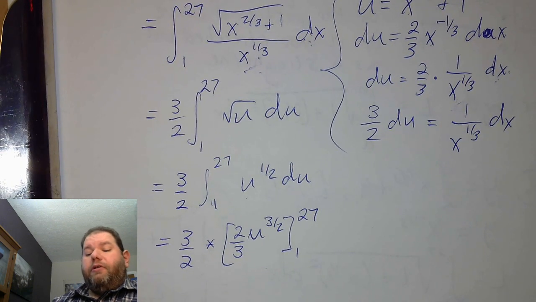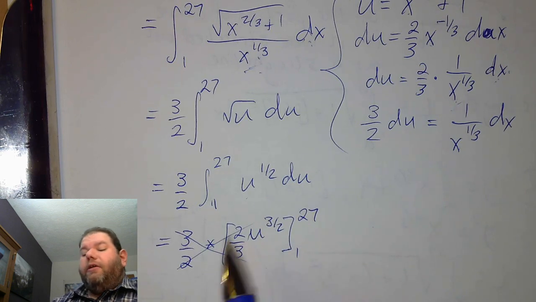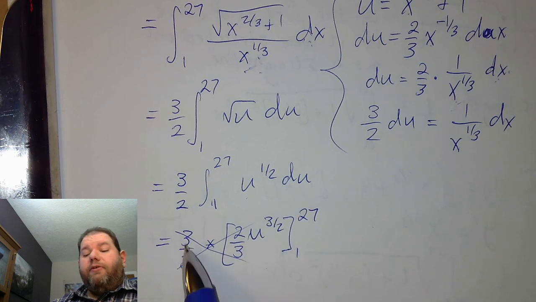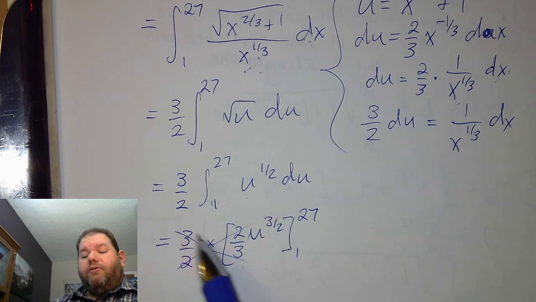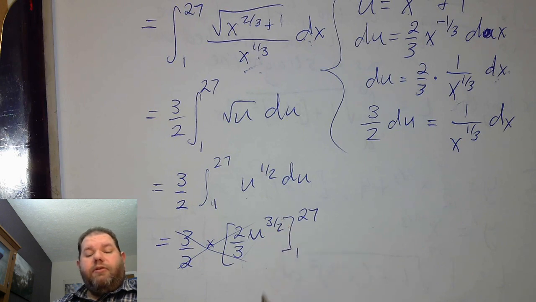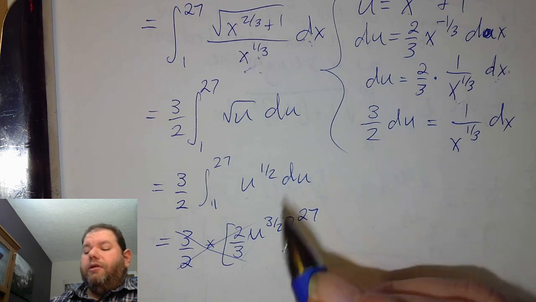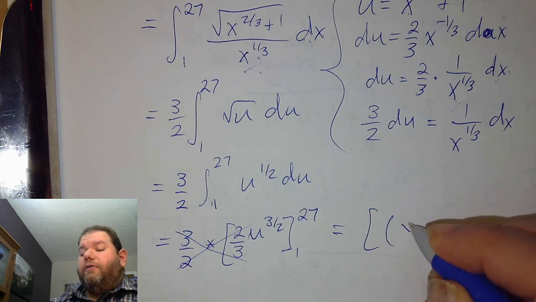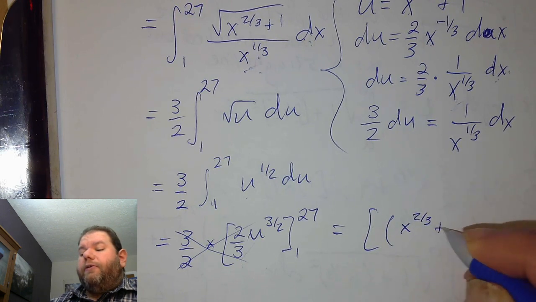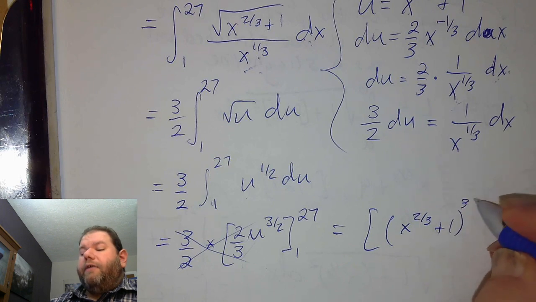Now at this point, we can actually cancel out the 2's and the 3's that are on the outside. The extra 3/2 we picked up from the u substitution, and the 2/3 that we picked up from this integration, those cancel each other out, so we just have u to the 3/2. Now we'll go back in and plug in our u, which is equal to x to the 2/3 plus 1, to the 3/2 power from 1 to 27.